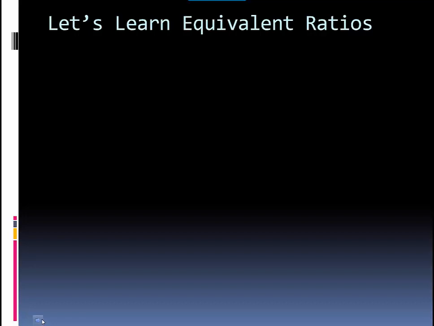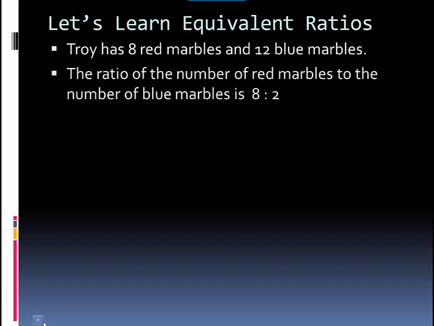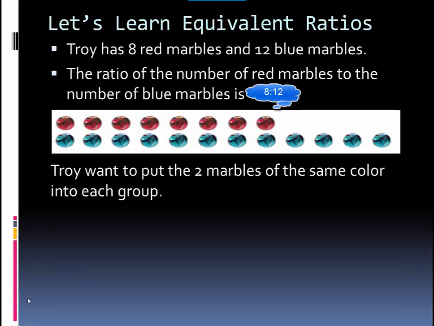Let's learn equivalent ratios. Troy has 8 red marbles and 12 blue marbles. The ratio of number of red marbles to the number of blue marbles is 8 to 12. He wants to put 2 marbles of the same color in each group.